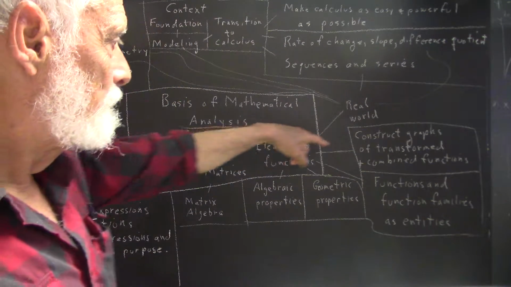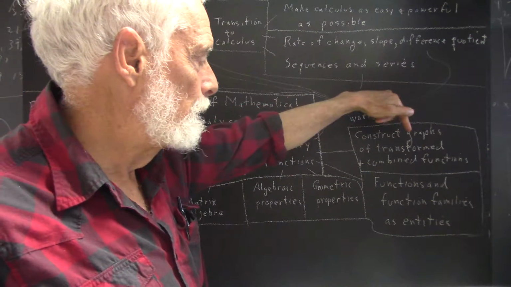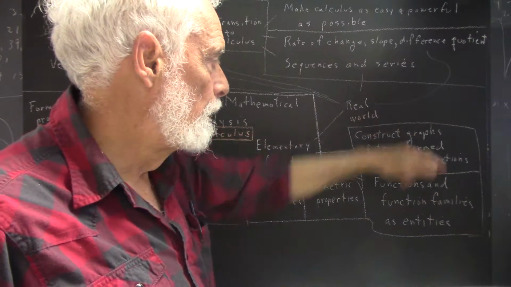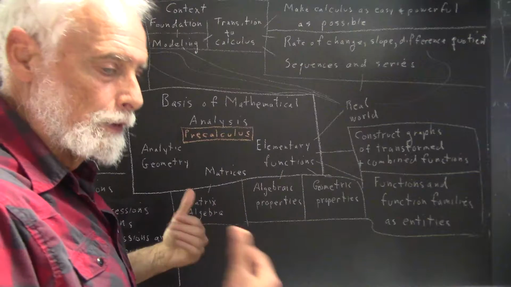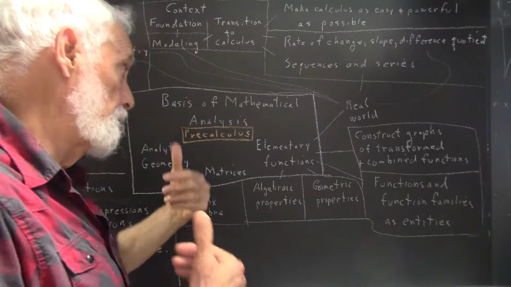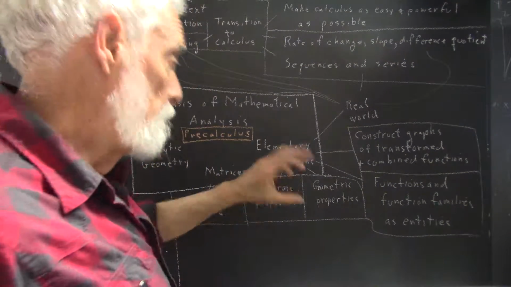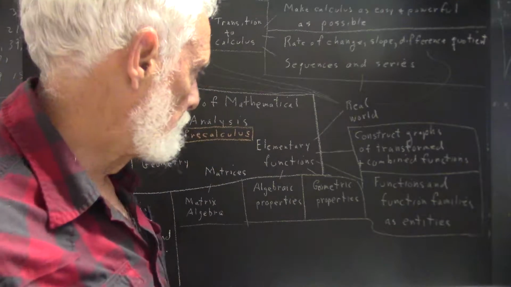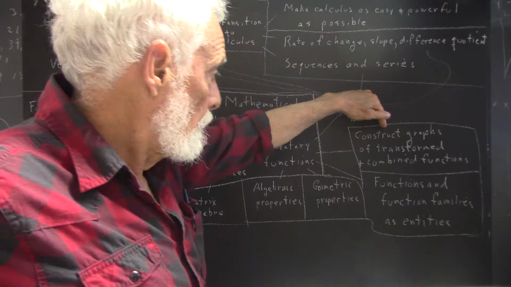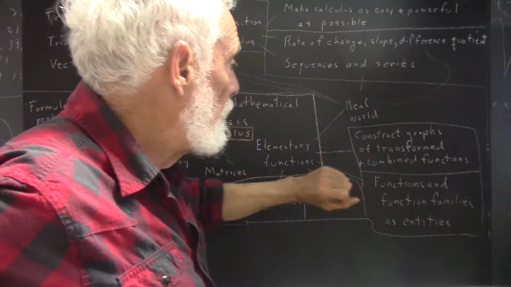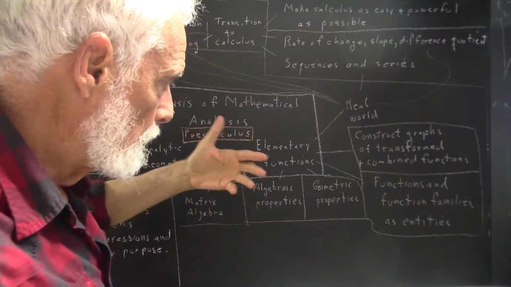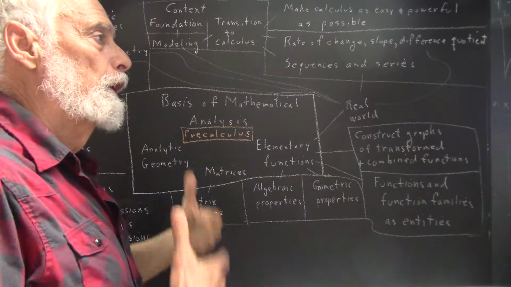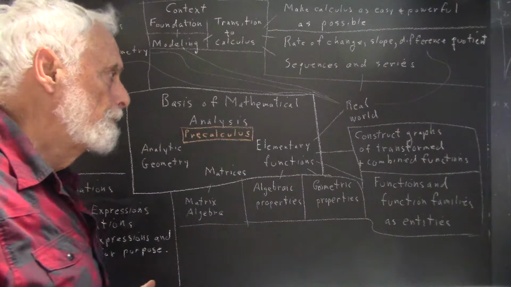Okay, we learn to construct graphs of transformed and combined functions. So we transform functions by vertical shifts and vertical stretches and horizontal shifts and horizontal compressions, reflections, rotations, etc. And then we can combine these functions by adding them, subtracting them, multiplying them, dividing them, doing composites of functions.